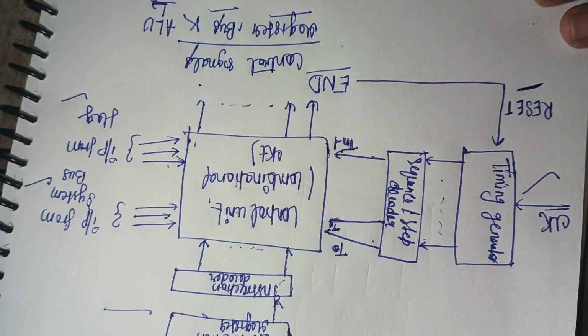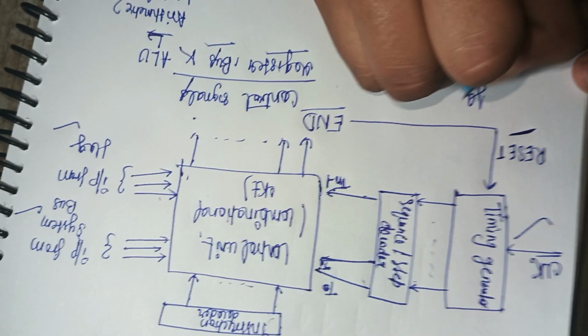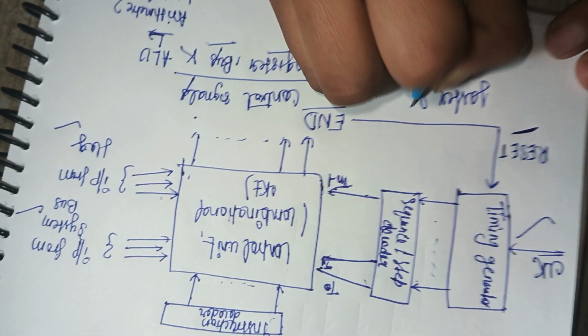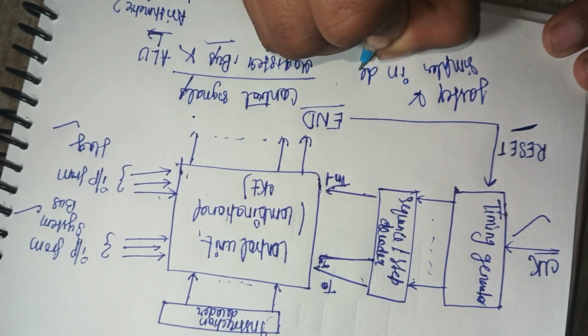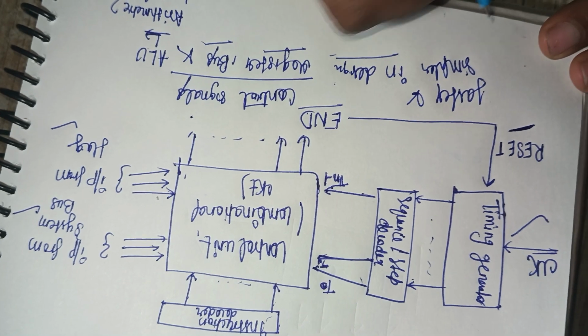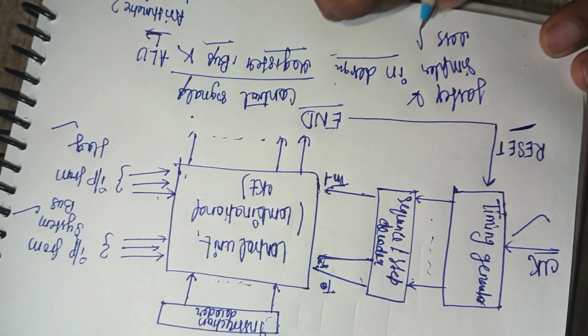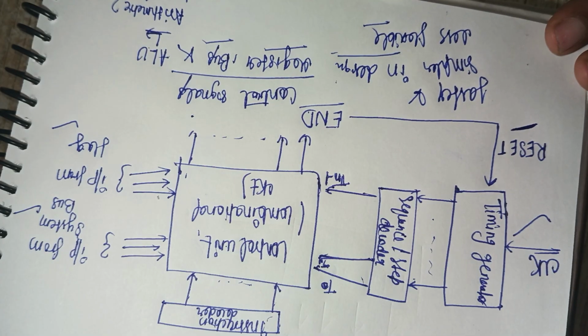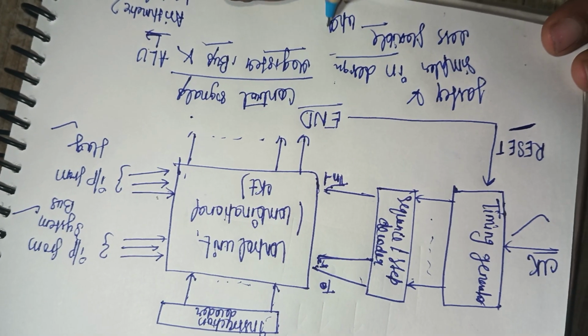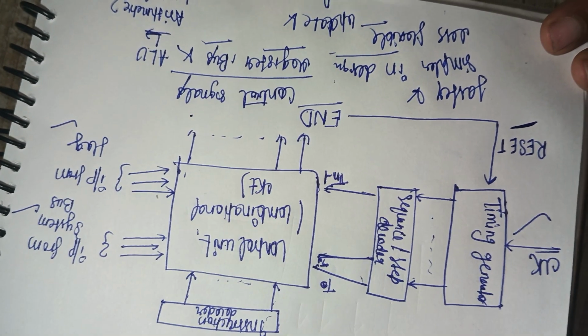Hardwired control units are generally faster and simpler in design, but they are less flexible and more difficult to update and modify.